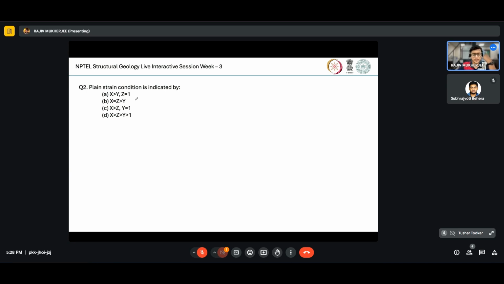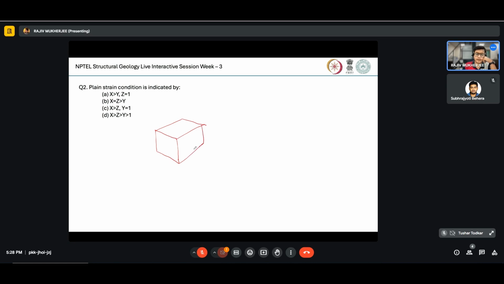Now, for plane strain condition that we know, if this is our initial cube, right?